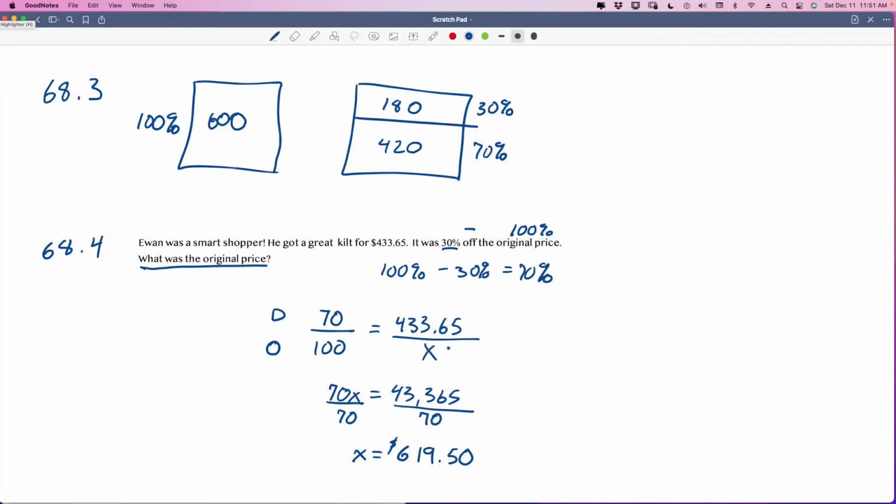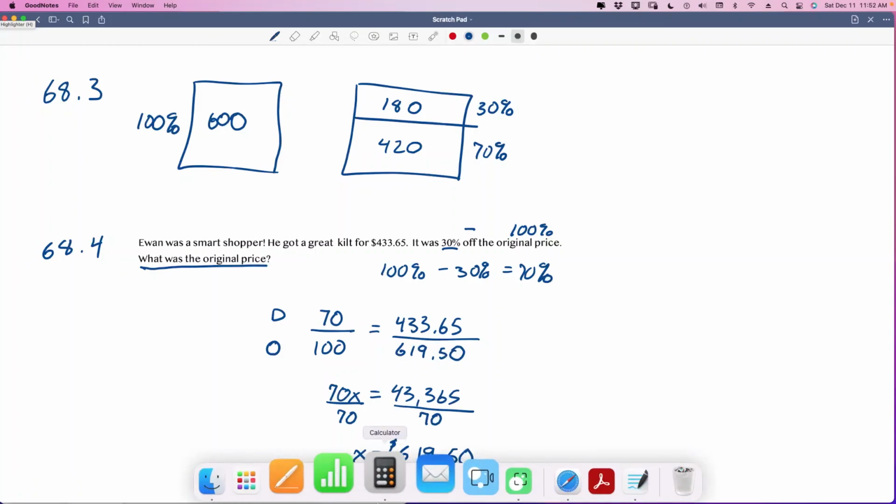Alrighty. Now remember, I told you that you can check your work by taking the unknown number and putting the answer in its place and seeing if you can reduce to this fraction here. Right, so the easiest way to do that is to divide the first number. So let's do that.